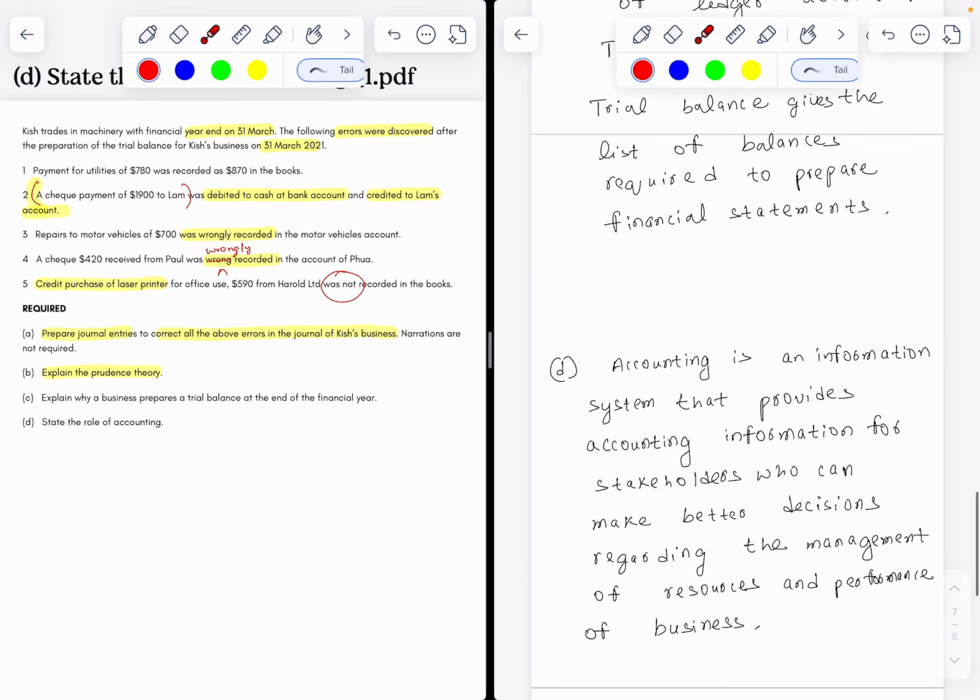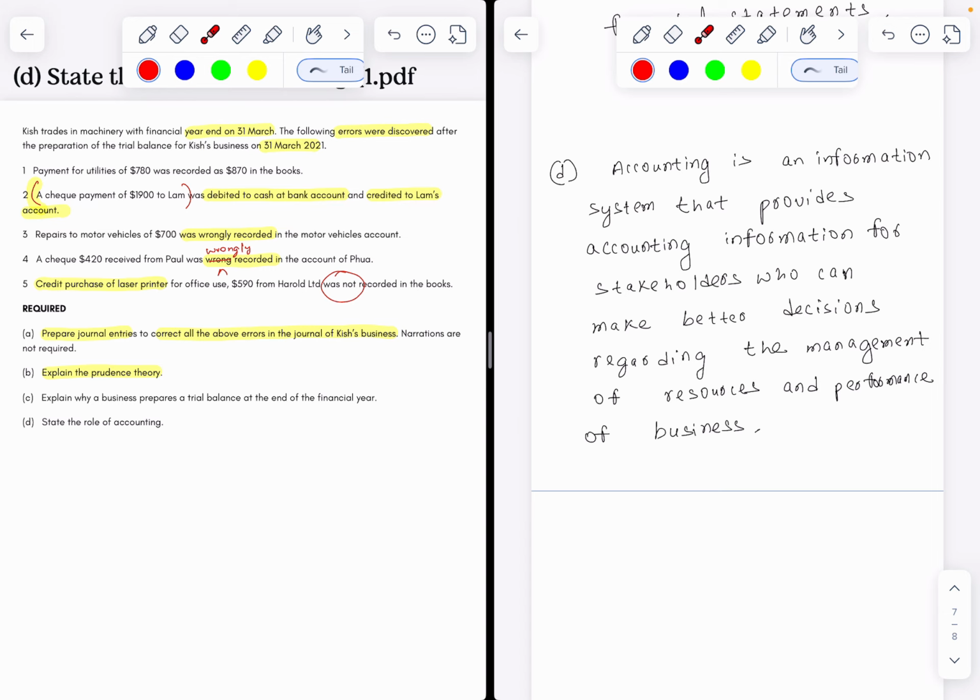All right, so part D, state the role of accounting. So accounting is simply an information system that provides the stakeholders with information to make better decisions regarding the management of resources, capital allocation, and performance of the company moving forward.